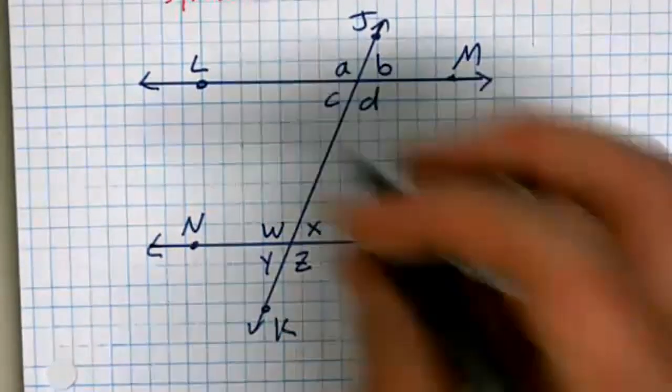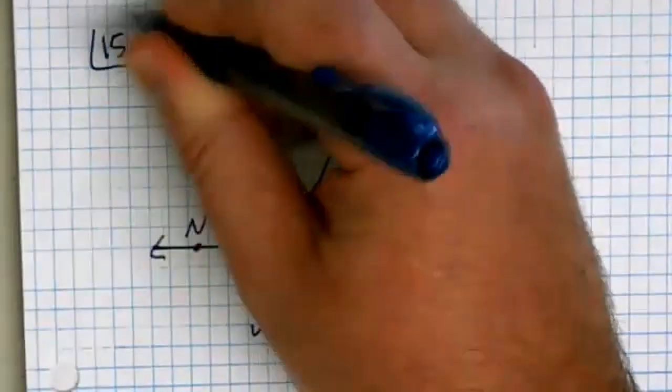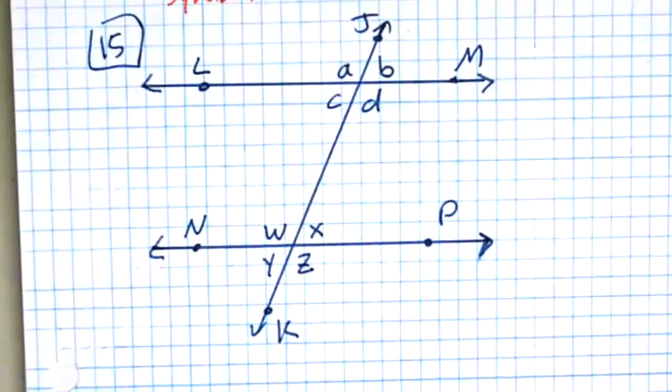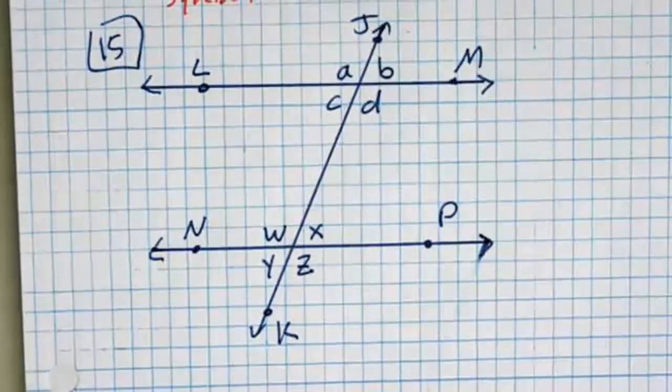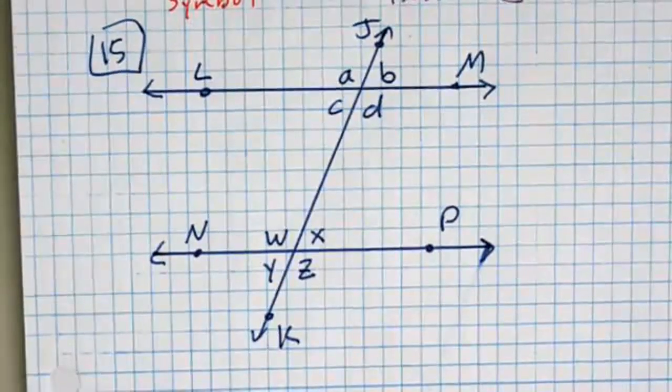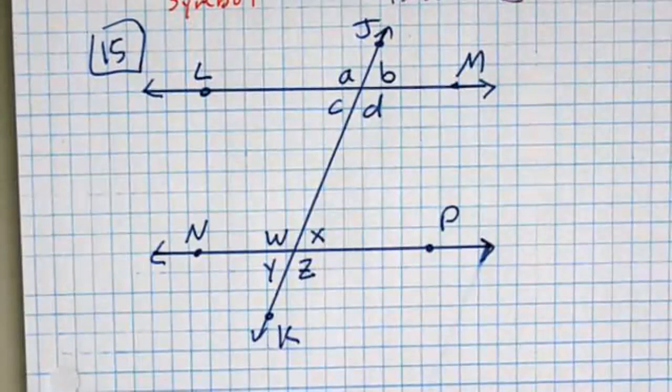This is problem number 15, and it's on page 86. You can use just regular lined paper for this for sure. Mine's about this big. If you make it this big, you're going to have trouble.